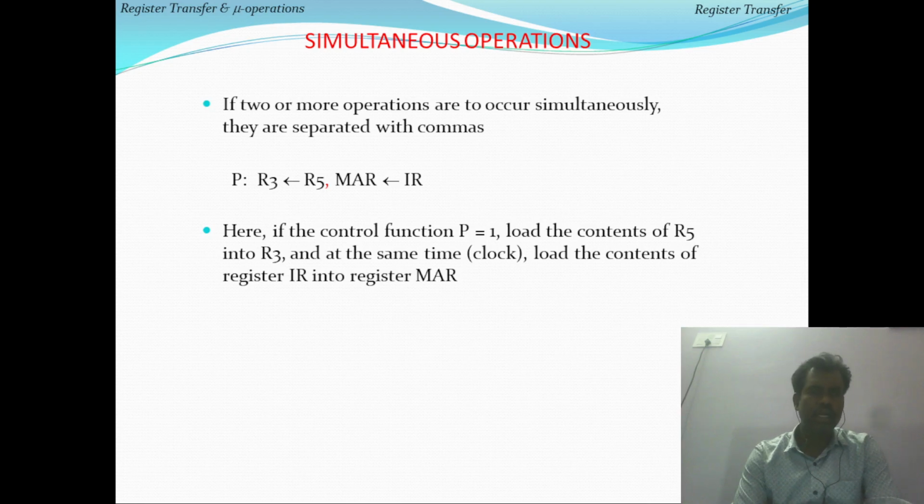So this can be done simultaneously and parallelly because there is no dependency between these two transfers. IR, MR is two different set of registers. R3, R5 are two different set of registers. So there is no dependency between these two transfers, so it can be done parallelly.